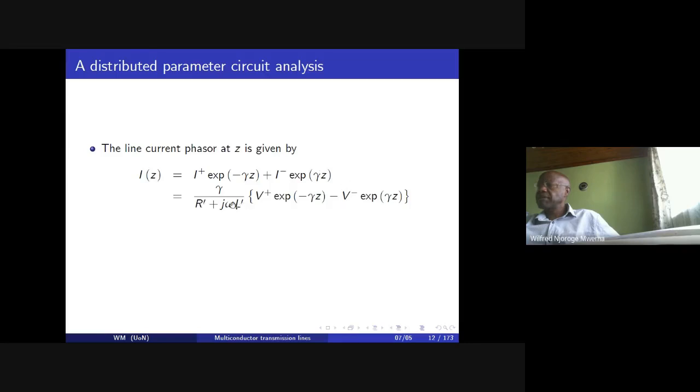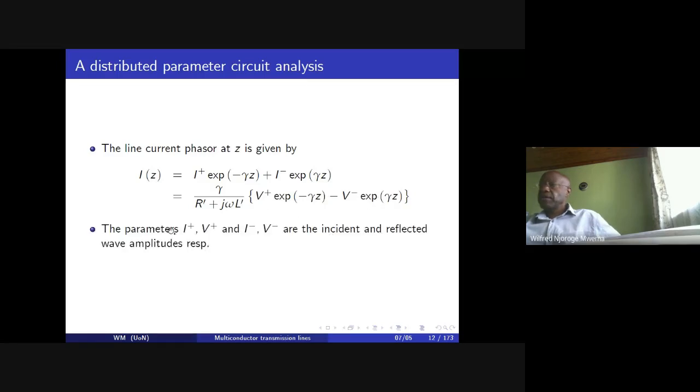And this can be given as gamma over R prime plus j omega L prime, that is the series impedance per unit length, okay? That is, the propagation constant divided by the series impedance per unit length, multiplying the voltage phasor form.